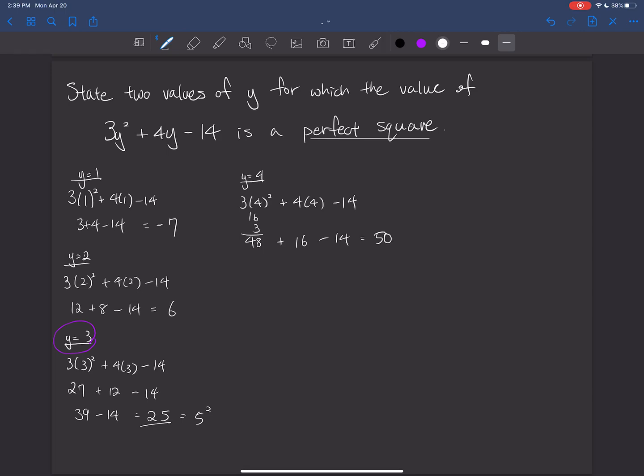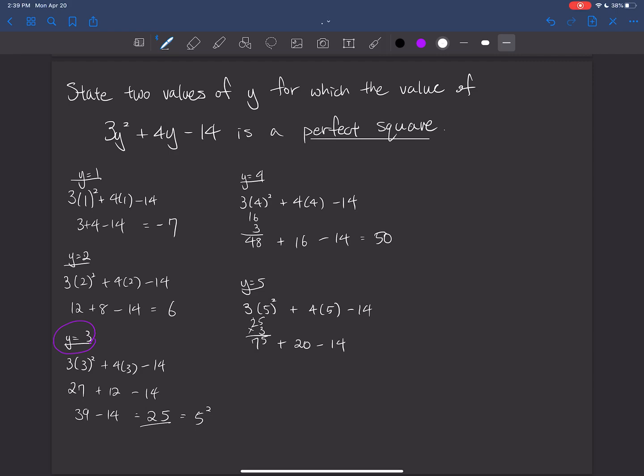Okay, let's move on to the next number. Y equals 5. 3 times 5 squared plus 4 times 5 minus 14. 5 squared is 25. 25 times 3 is 75 plus 4 times 5 is 20 minus 14.